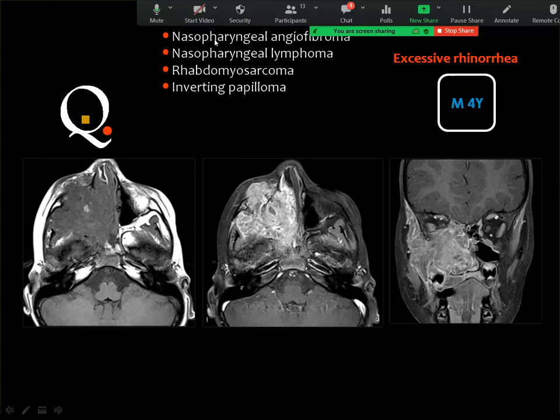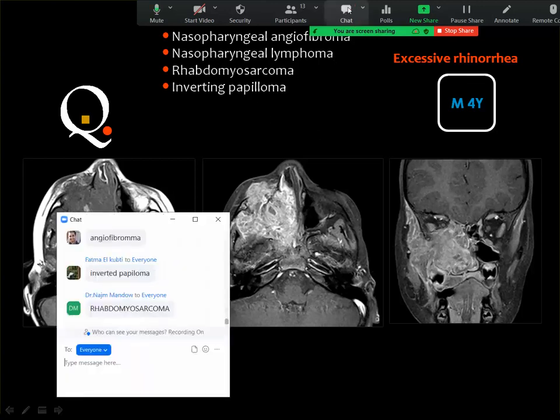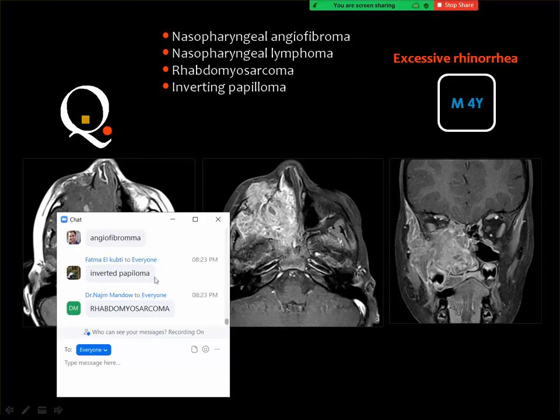These are the diagnostic possibilities: nasopharyngeal angiofibroma, lymphoma, rhabdomyosarcoma, or inverted papilloma. The answers included angiofibroma, inverted papilloma, and rhabdomyosarcoma.